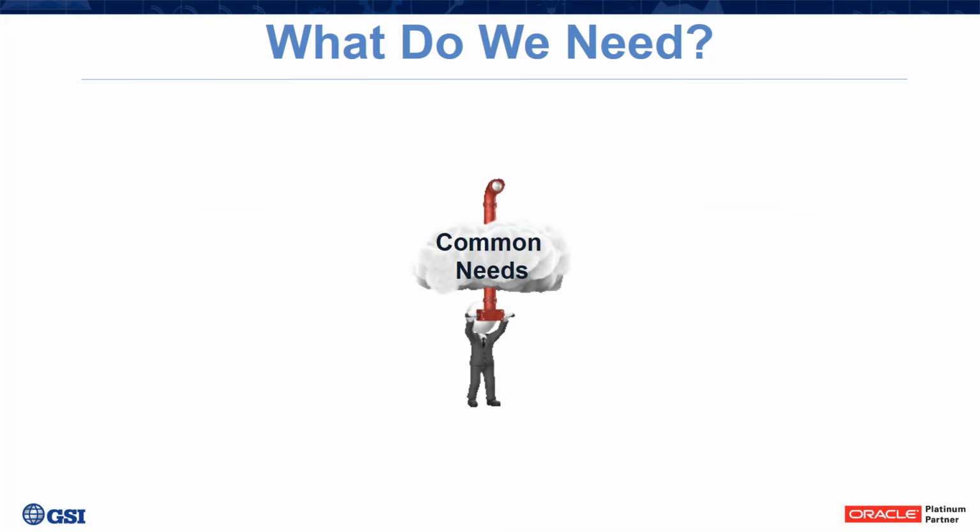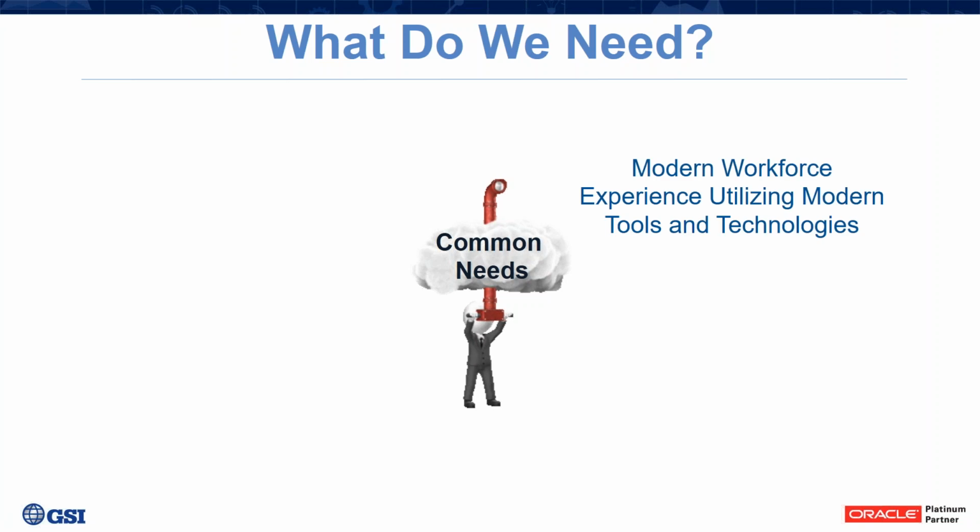So when we think about this, we need to understand that as a user, we have needs of being able to do things in a modern manner, utilizing modern tools and technology. We can't get up and go to a file cabinet and look for paper, right? We can't be tethered to a PC and only be at our office when we're doing work.